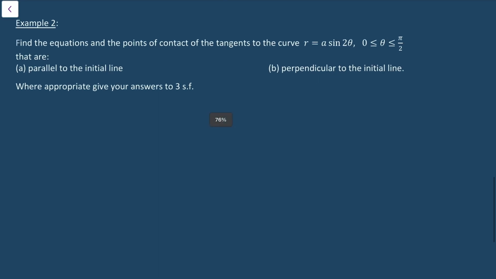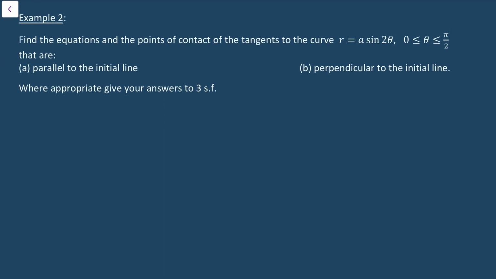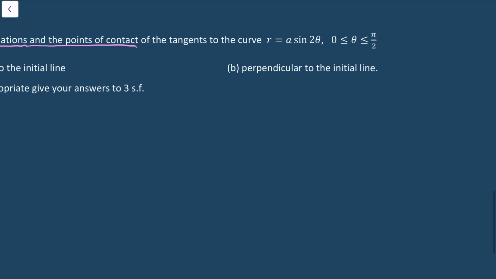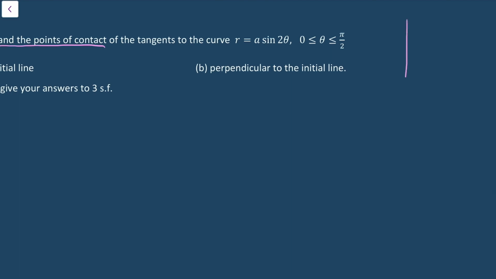Example 2 says find the equations and the point of contact. So this is quite a long question. Find the equations and the point of contact of the tangents to the curve r equals a sine 2 theta. So r equals a sine 2 theta is a polar graph with 4 petals.